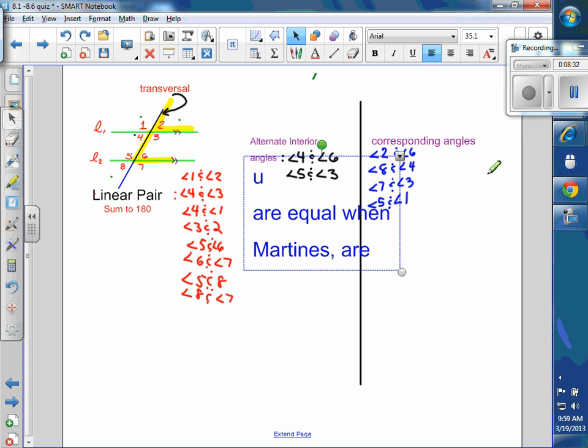Martinis? What? You are equal when martinis. That's so funny. That's going to be really loud. Howie got that out of my printing. We are equal to the martinis. What is lines? When the lines are parallel?